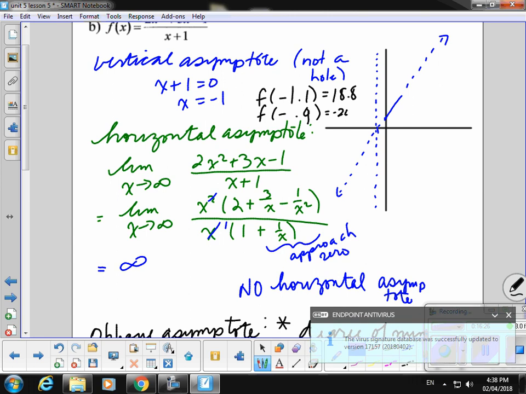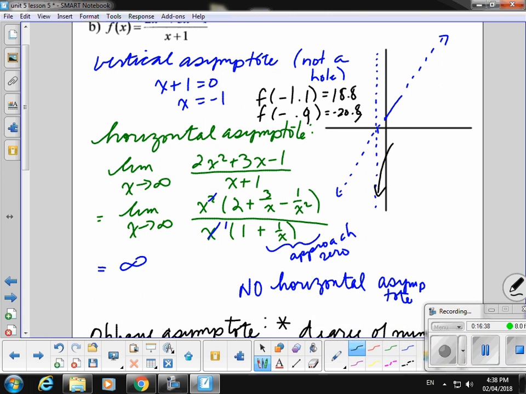So it appears on either side of -1 that I am approaching negative infinity from the right and positive infinity from the left, and then approach my oblique asymptote as we approach infinity. Sorry, bad curve. Approach my oblique asymptote as I approach negative infinity as well.